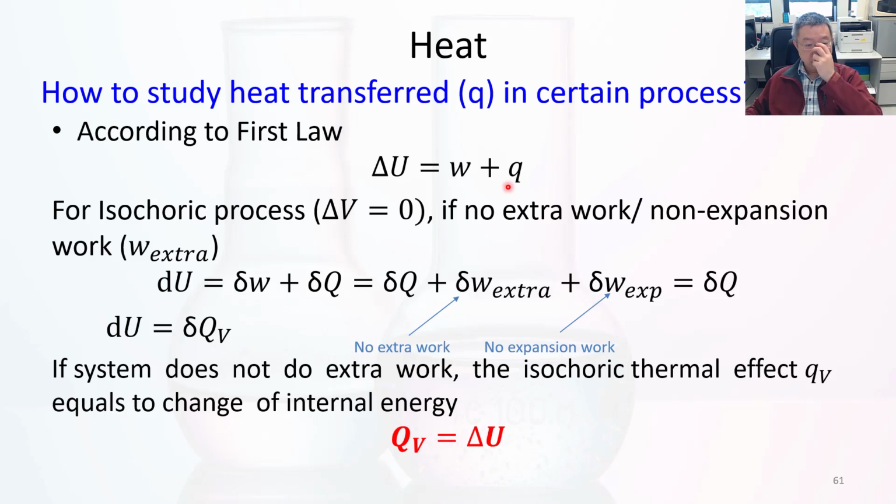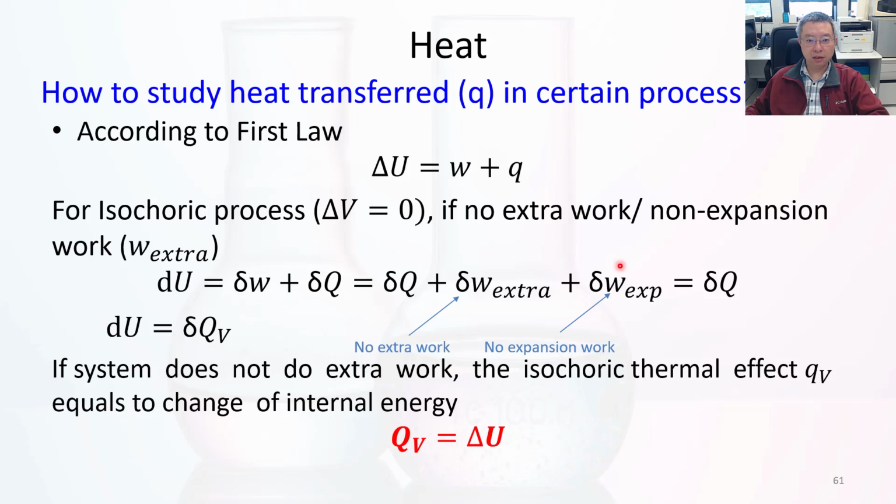If we really want to make a measurement, for an isochoric process, that means the volume is constant, so there is no expansion work. We have dU equal to delta W plus delta Q, and we can split the work into expansion work and extra work.